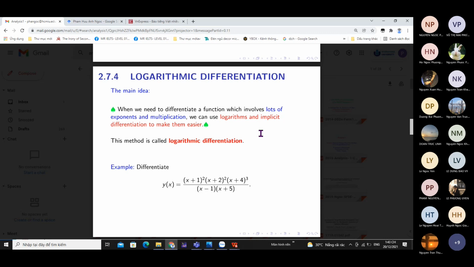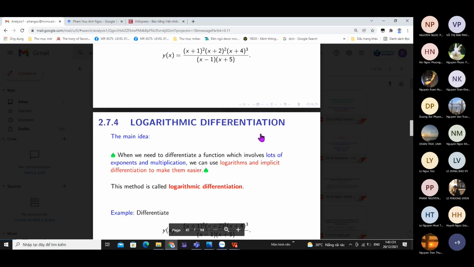You see, we have got lots of exponents and multiplication. Of course, you can use the product rule and the quotient rule, and we get the derivative of the function y. However, you have to calculate a lot of things, right? Here, we can apply a new technique for differentiation, logarithmic differentiation.